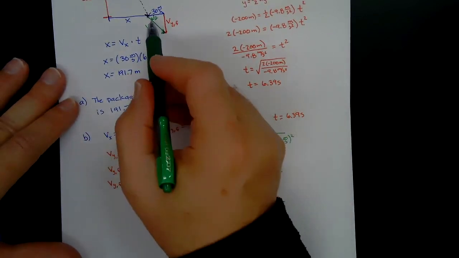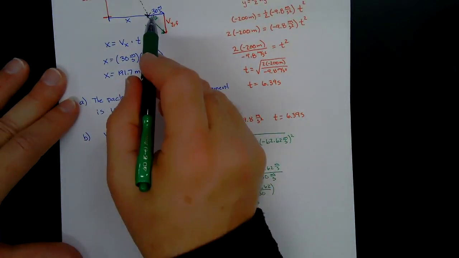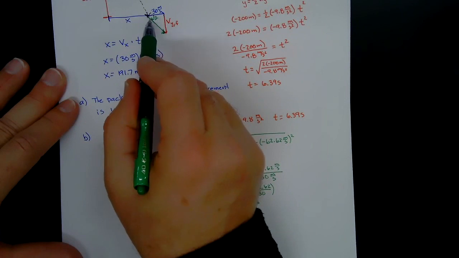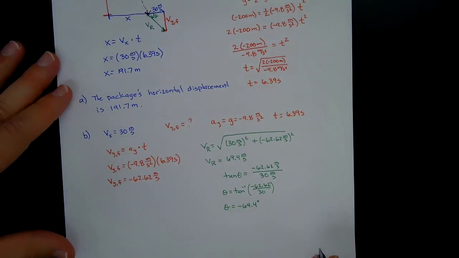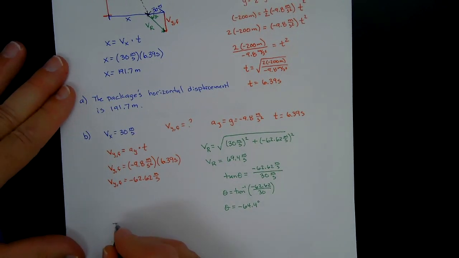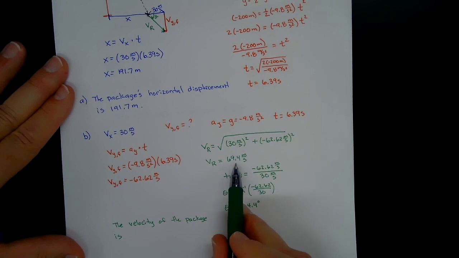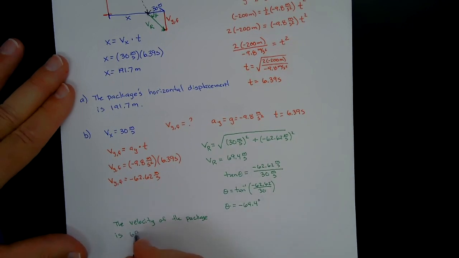That makes sense because this is a negative angle, since we're rotating clockwise. So the velocity of the package is 69.4 meters per second.